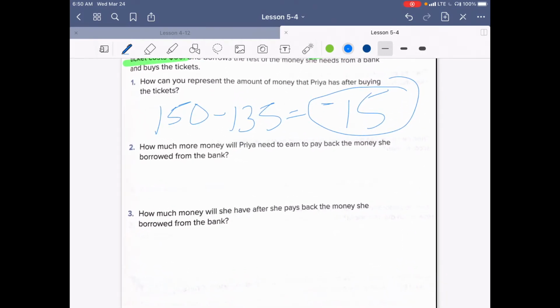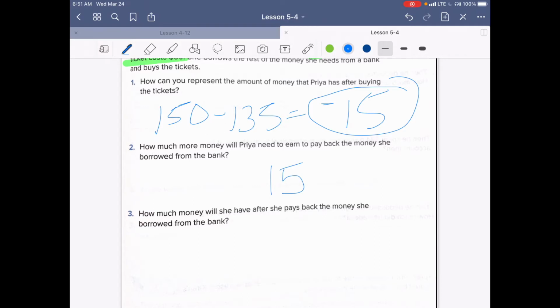Number 2, how much more money will Priya need to earn to pay back the money she borrowed from the bank? She had to borrow the $15, so it would still be the $15 from the previous question, because she was negative $15, which means she owes the bank $15.